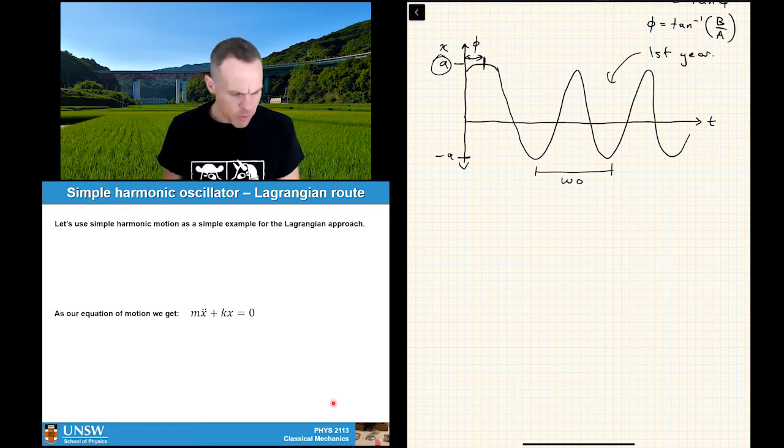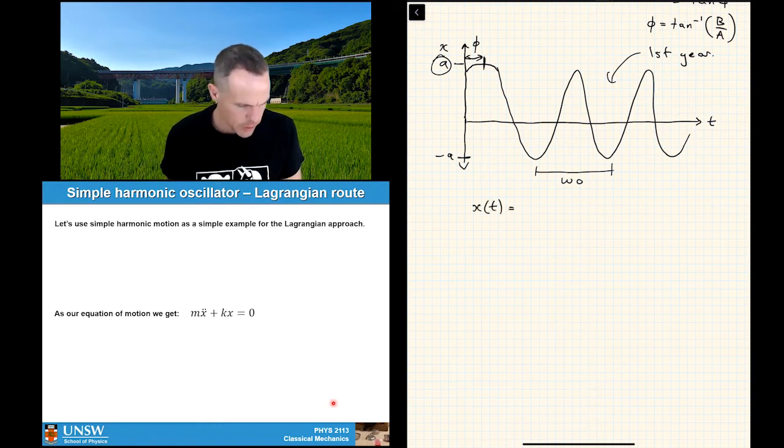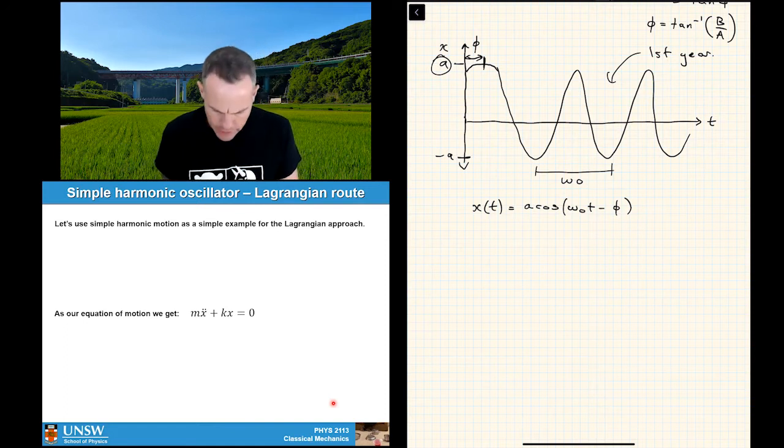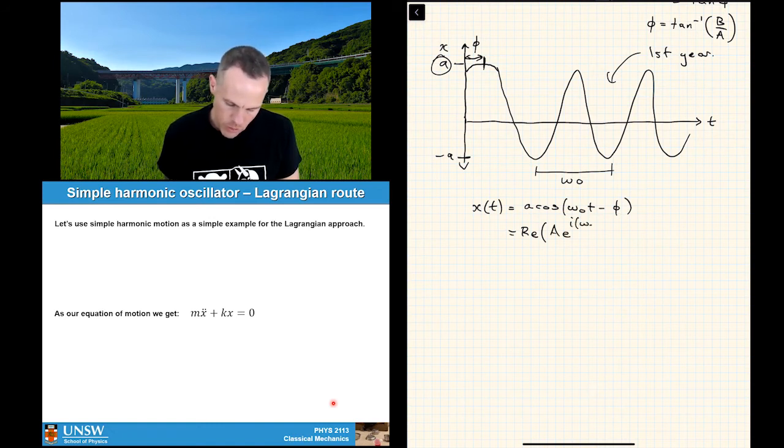The one that's more interesting to highlight is that our x of t, which is A cos(omega naught t minus phi), you could actually just write this as the real component of A e^(i(omega naught t minus phi)).